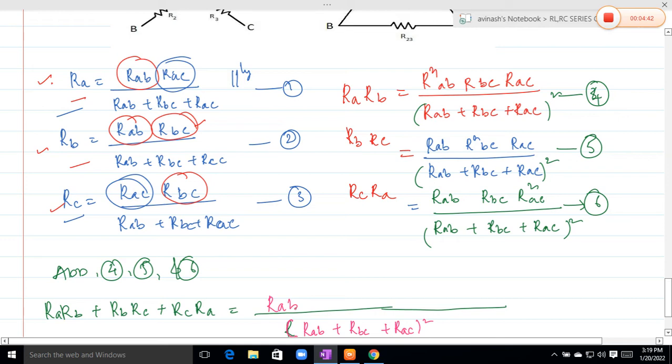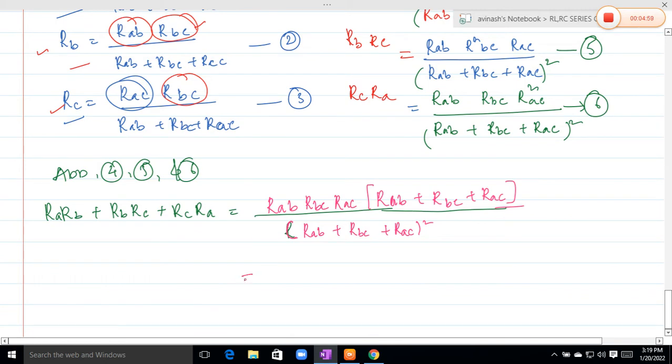We get RAB into RBC into RAC, then the common factor RAB plus RBC plus RAC. If you simplify further, the square and this term get cancelled. Then we get RAB into RBC into RAC whole divided by RAB plus RBC plus RAC.